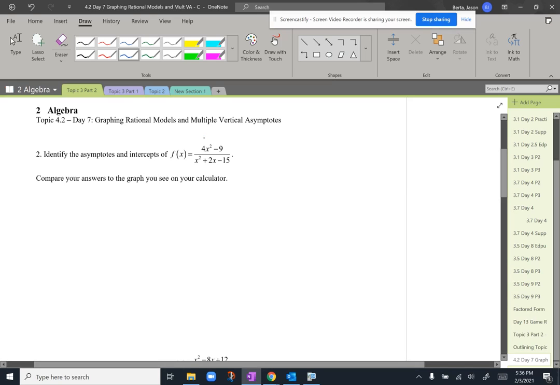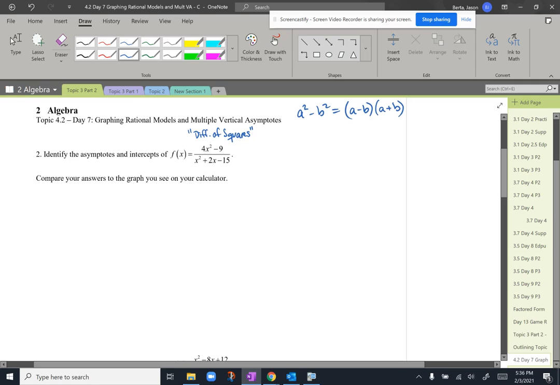So the top here, I notice that 4x squared and 9 are both perfect squares, so the difference of squares rule is making an appearance. Hopefully you remember the difference of squares rule: a squared minus b squared can be factored as a minus b times a plus b.